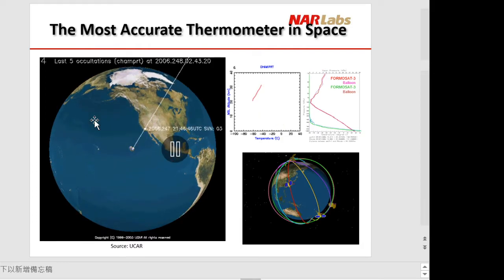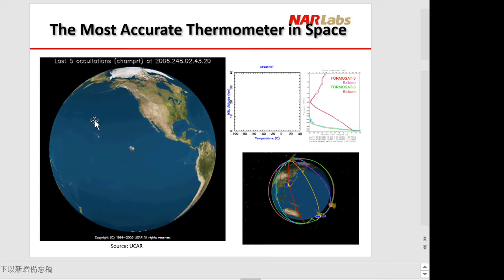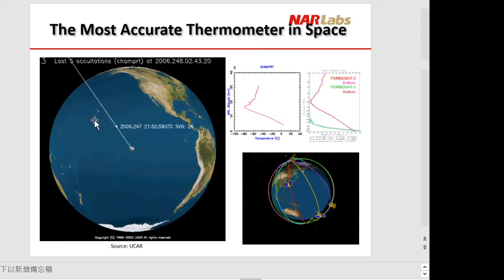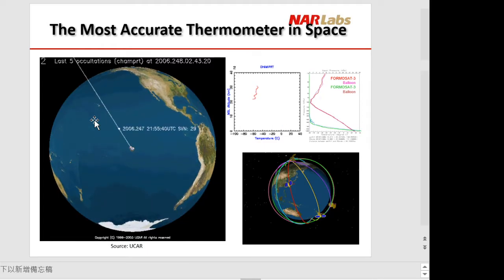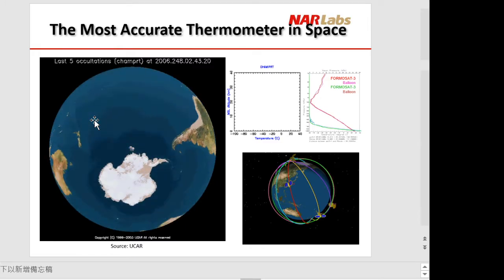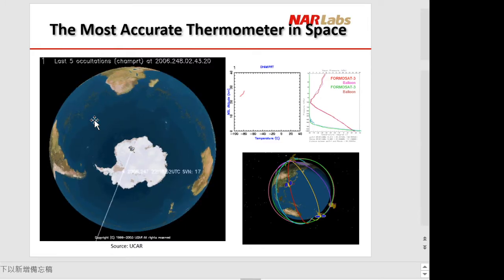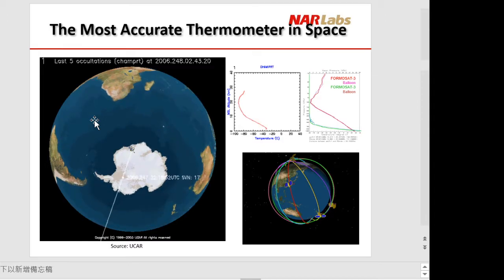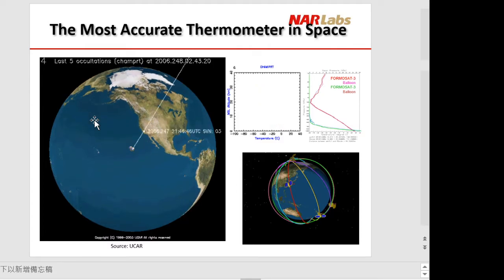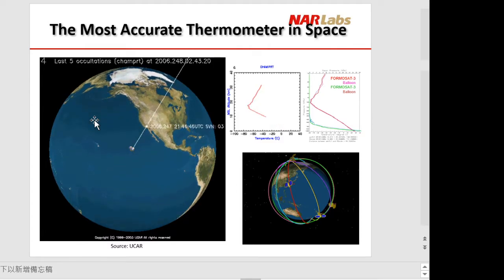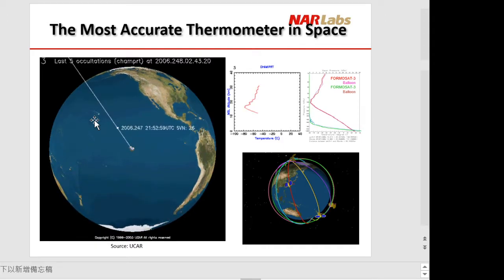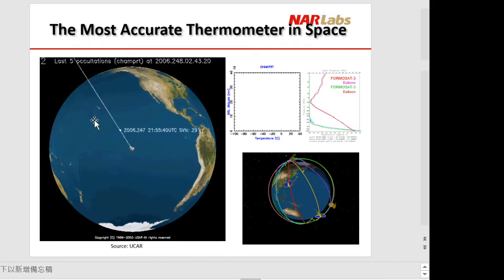After Formosat-3 was launched to space, it was called the most accurate thermometer in space. When there is an occultation, we can collect a profile. Although in the beginning it is a bending angle, through processing it becomes a profile of the temperature and the moisture, as you can see on the right-hand side.